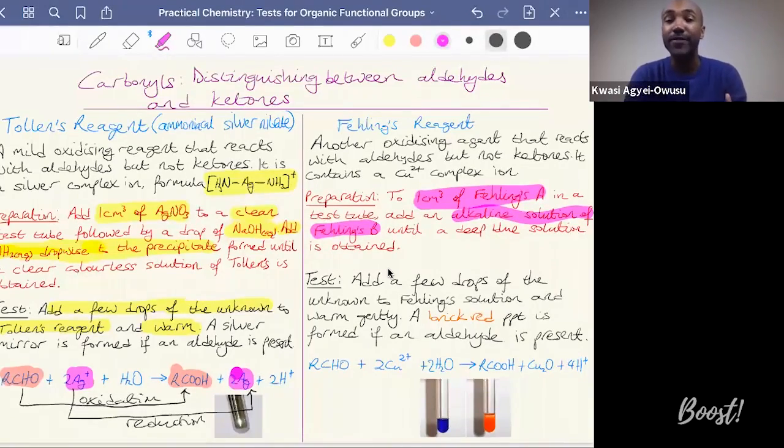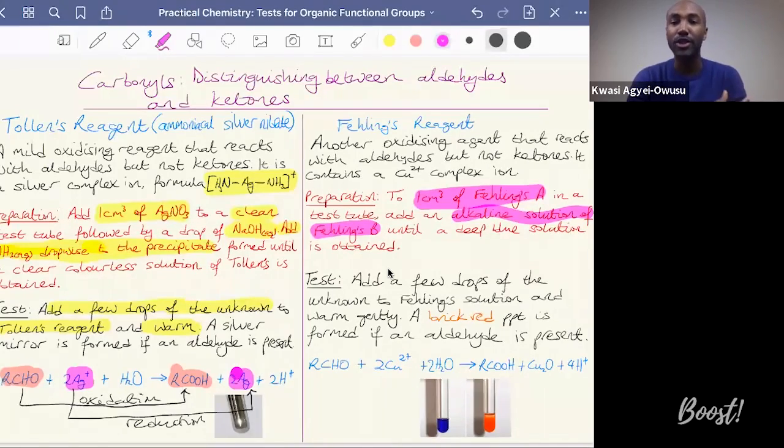And when you mix Fehling's A and Fehling's B together, Fehling's B is colorless, Fehling's A is a blue color, as you would expect with copper sulfate solution. Mixing the two gives you a very deep, intense blue color, which is your Fehling's reagent. So you would have made your copper tartrate complex to give you that active ingredient.